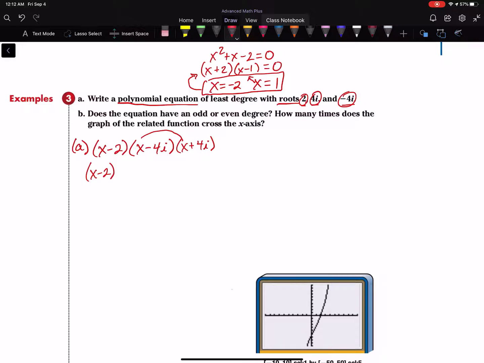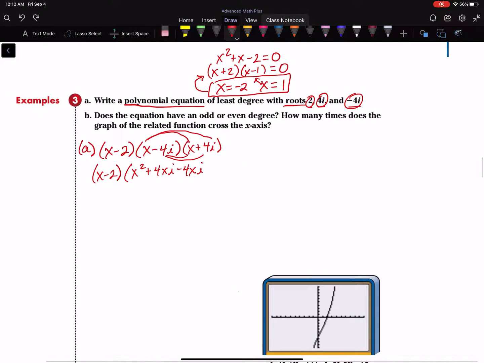Now, these are what's called conjugates, and when you multiply 2 conjugates, the imaginary answers will always cancel. So let me show you how this works. So you have x times x is x squared, x times 4i is 4xi, negative 4i times x would be negative 4xi, and negative 4i times 4i is negative 16i squared.